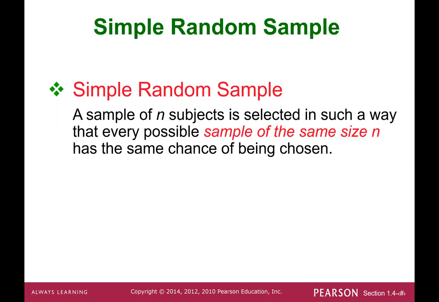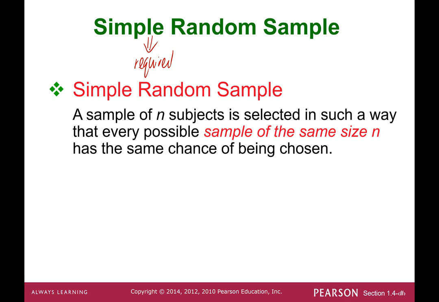Now let's get to one of the most important concepts in statistics: the simple random sample. Whenever you conduct a survey, a simple random sample is required. In order to guarantee a good result, you need a simple random sample.